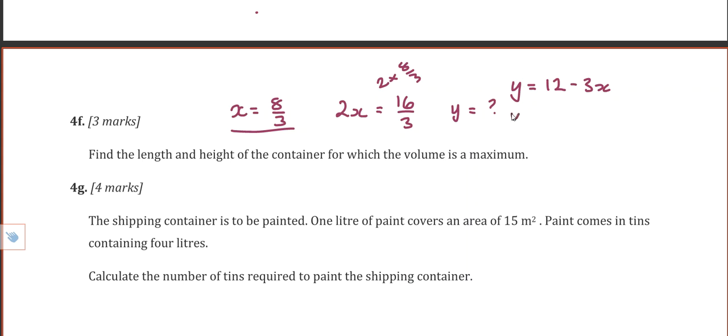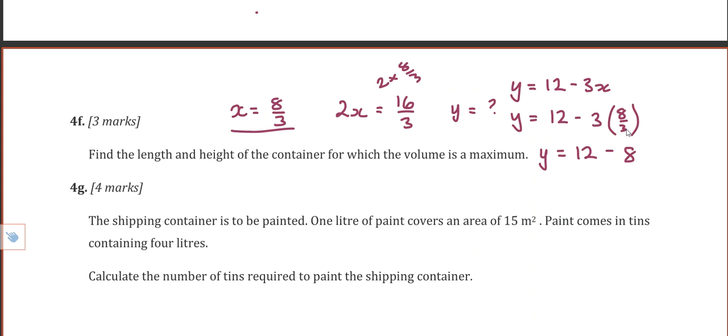So we've then got y equals 12 minus 3 times 8 over 3. So that would be 12 minus, well, if I do this, 3 times 8 divided by 3 is actually 8.